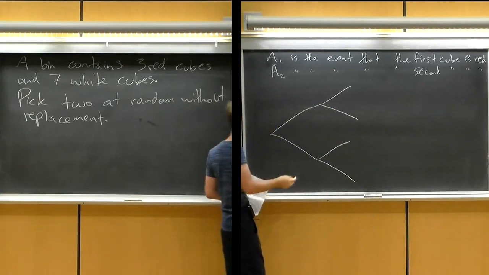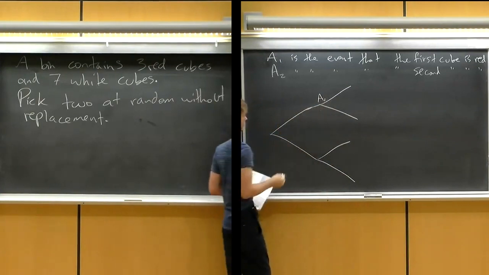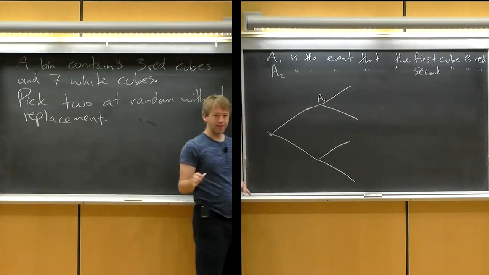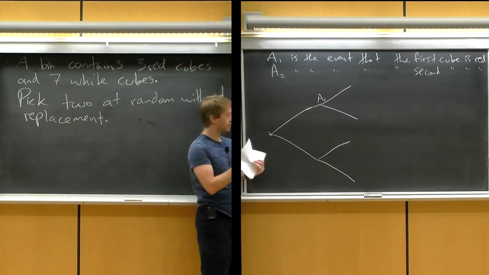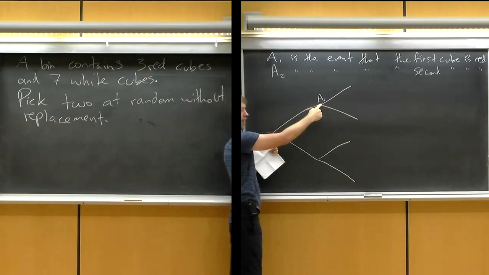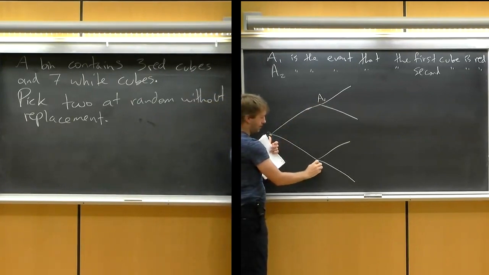So the way you would draw a tree diagram is, we think of at this point here, we haven't done anything. We haven't picked any cubes. And then when we pick one cube, we either get A1, the event A1 that it's red, or you get A1 complement.